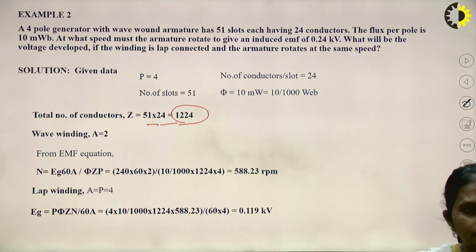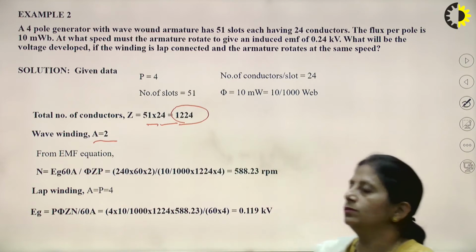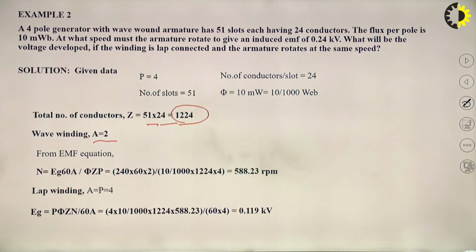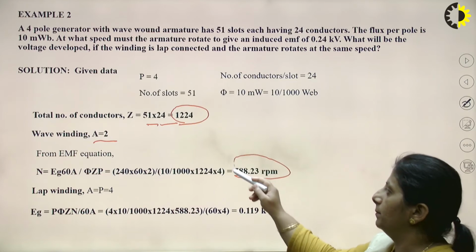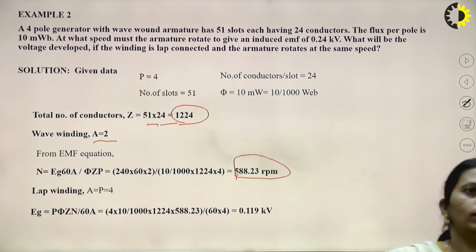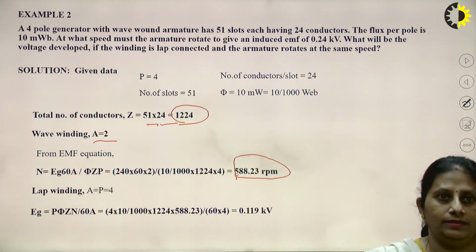It is once again a wave wound armature, so the number of parallel paths would be equal to 2. So from the EMF equation phi p n z by 60A, the speed comes out to be 588.23 rpm, right.